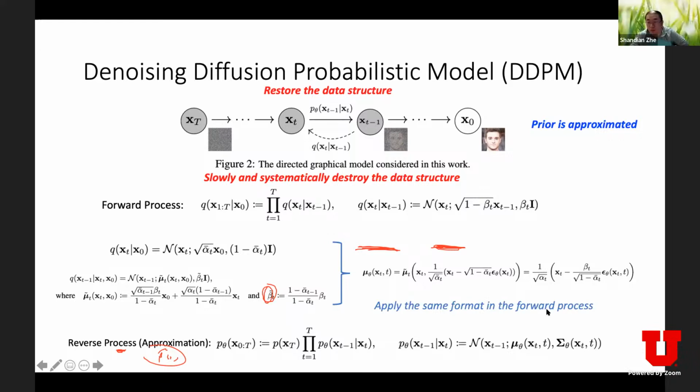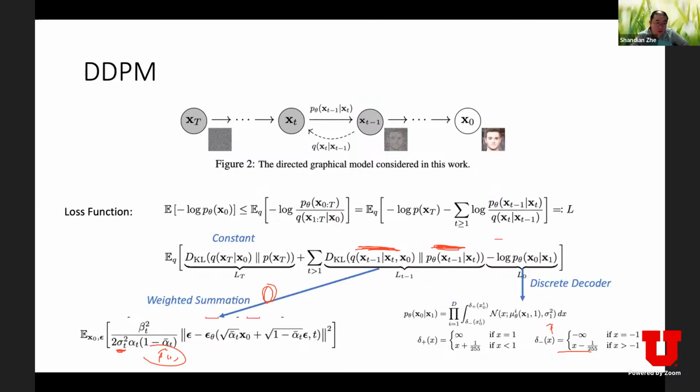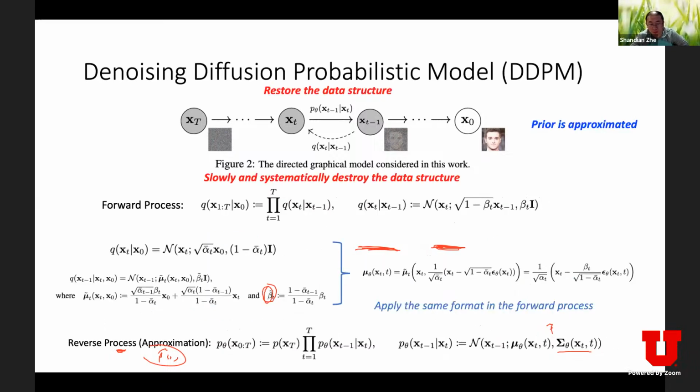But here in DDPM, you actually fix this one to be beta. At each time point, we just fix it as sigma t square times an identity matrix. Oh, really? Yes. Shikai, maybe you can clarify.